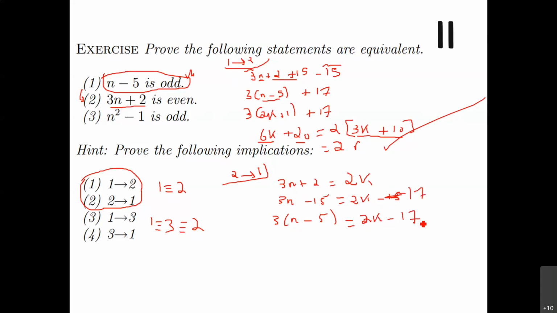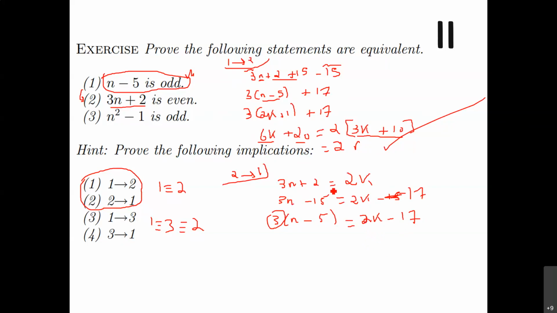And then I was stuck here because I couldn't know how to move further. I can't divide by 3 because the right side doesn't show me that it's divisible by 3. So that's how I got stuck. Going through the direct proof didn't work for me.